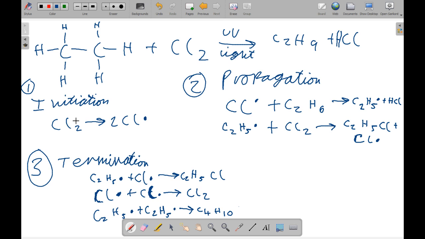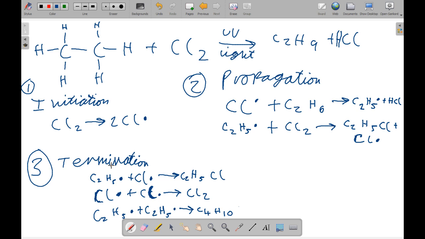So initiation stage 1 is the chlorine molecule becoming a chlorine radical, and then at propagation we have the chlorine radicals reacting with C2H6 to become a C2H5 radical plus HCl, and then C2H5 dot reacts with another chlorine molecule to make C2H5Cl plus Cl dot.